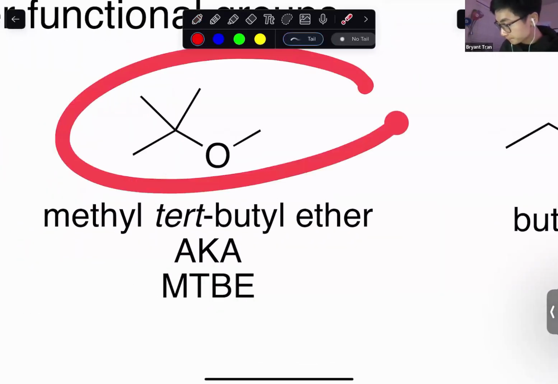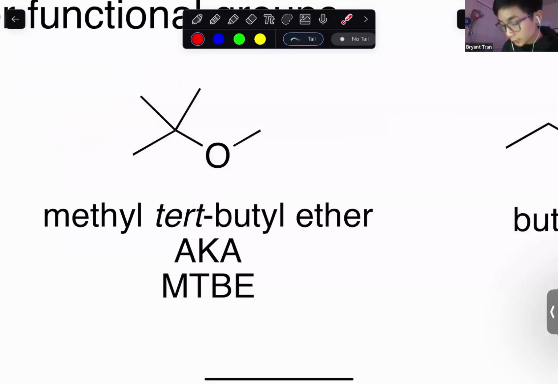For this ether here, we have two R groups. We have a methyl group and a tert-butyl group.